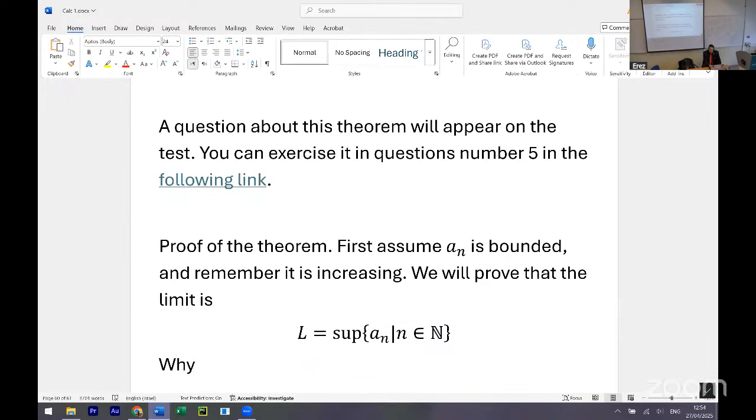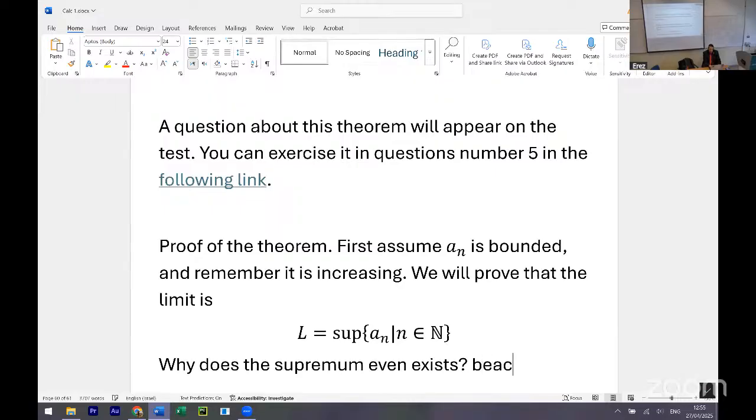Why does the supremum even exist? I mean, not every set has a supremum. Why does this set have a supremum? Because we are stating that it's bounded.